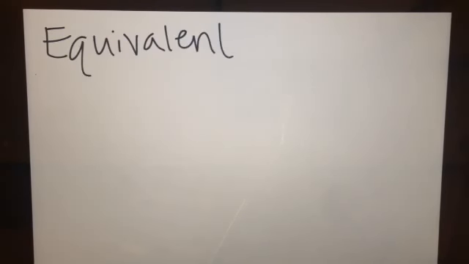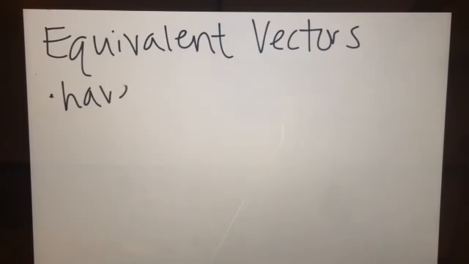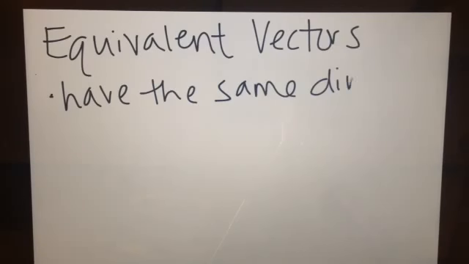All right, next we're going to look at equivalent vectors. And these have the same direction. So that means it's kind of like they have the same slope, so their horizontal and vertical change is the same, and magnitude.